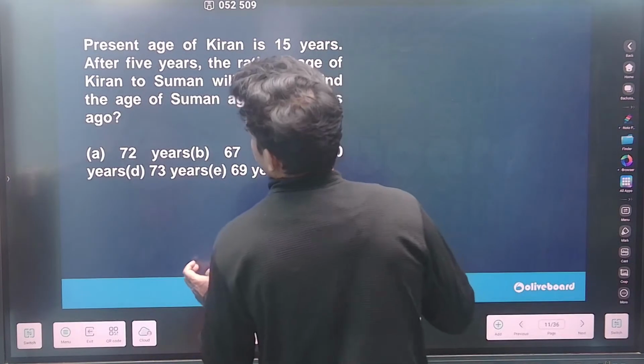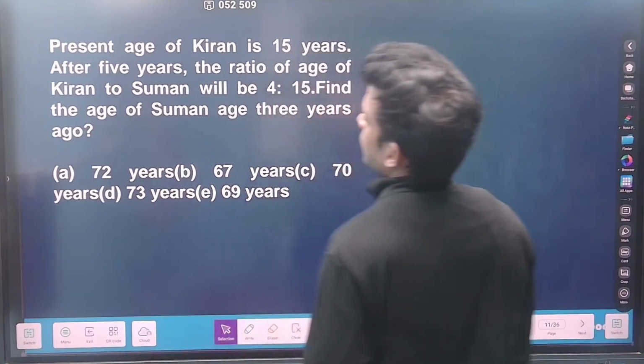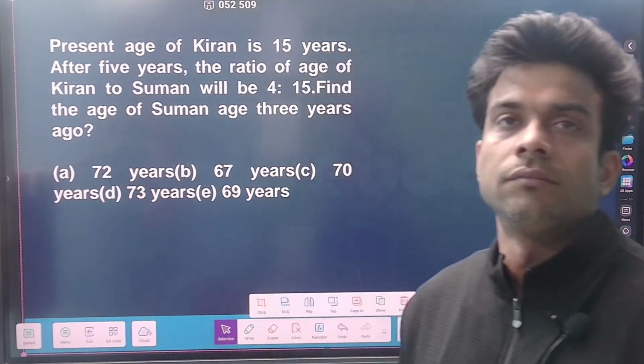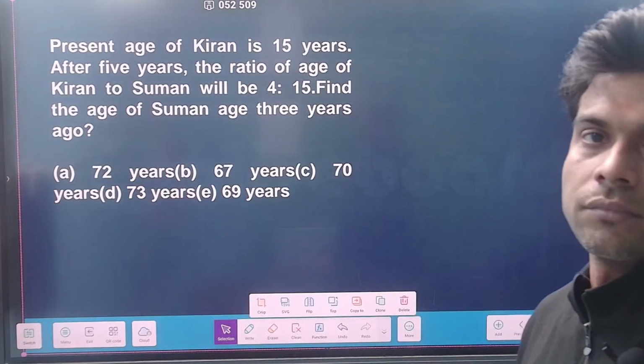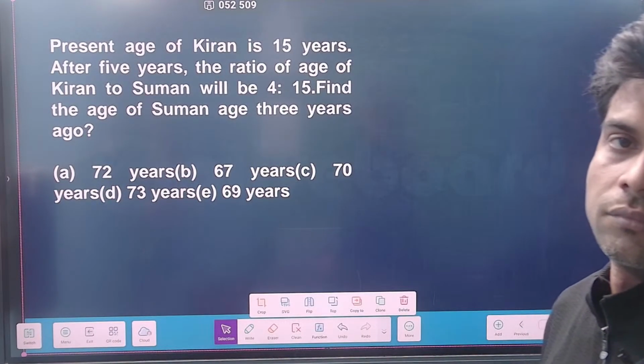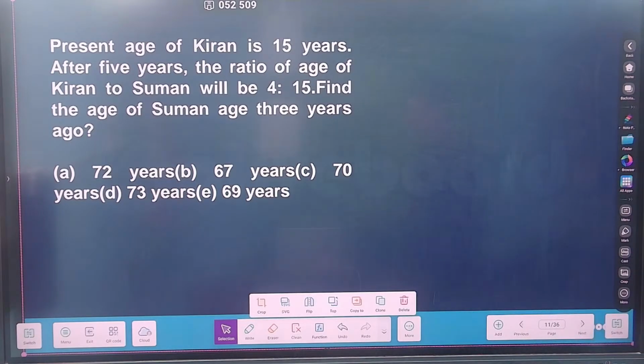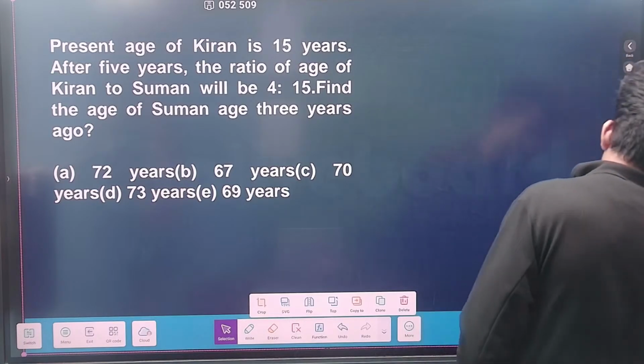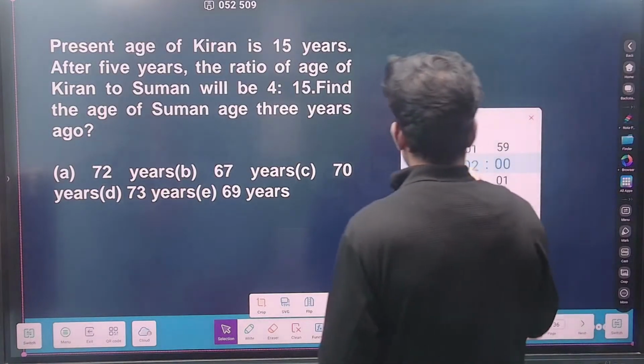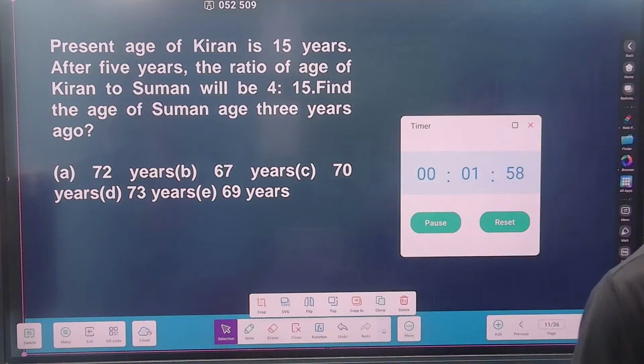Try this. How will you solve this question?